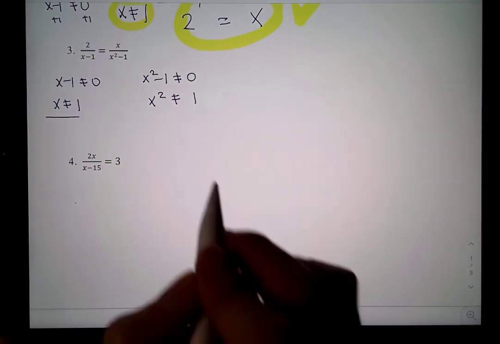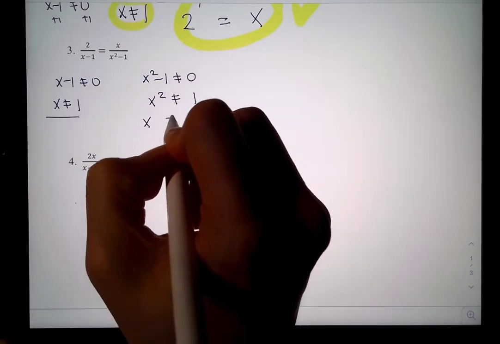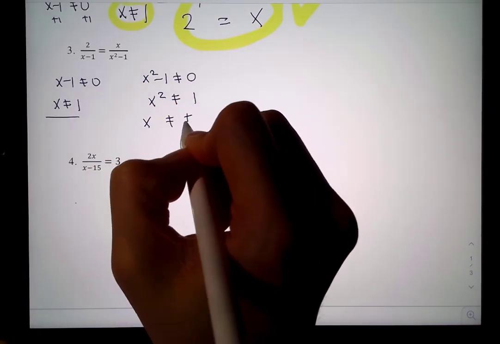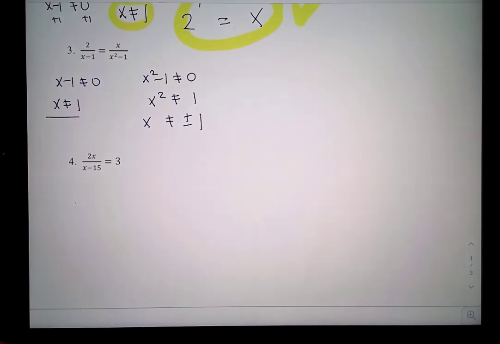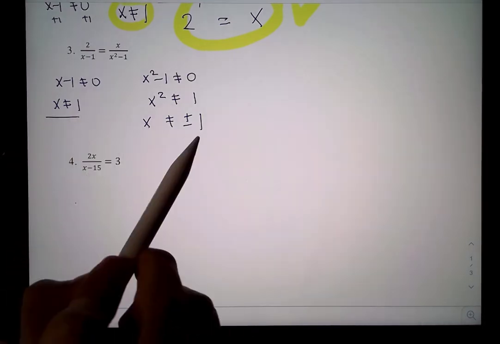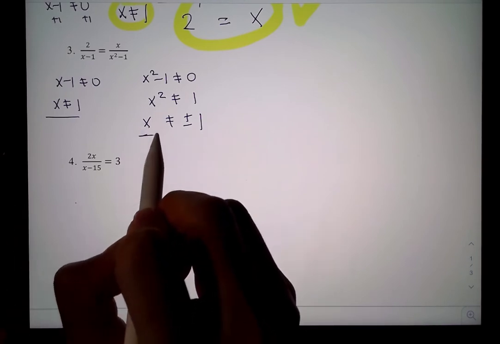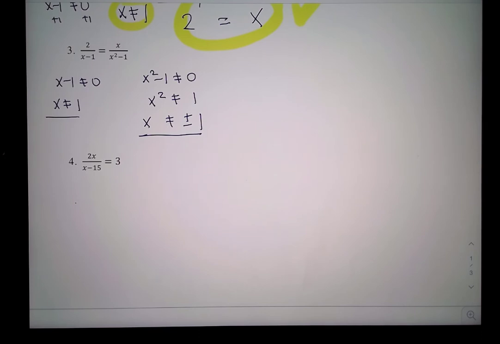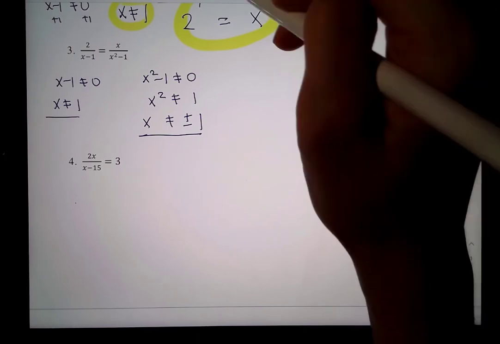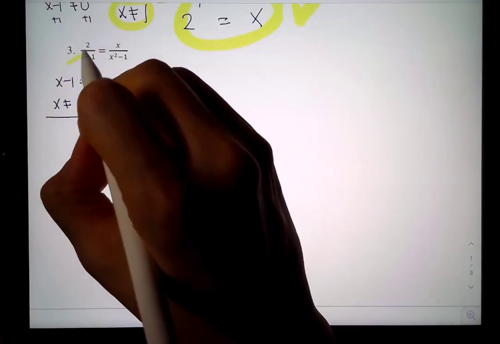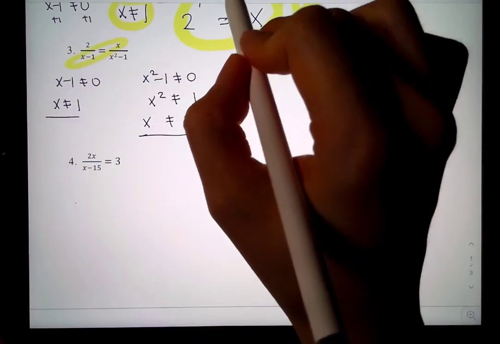Take the square root. X is not equal to positive negative 1, right? You got two 1s, but that's the same thing. You cannot have 1 or negative 1, right? So for this equation, we cannot have 1 or negative 1. And let's solve it. So we do cross product, right?